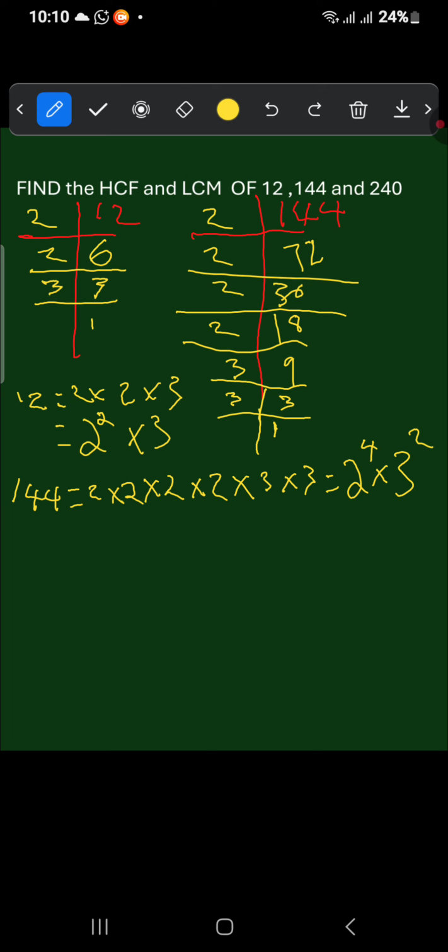Now you come to 240, the product of its prime factors. A prime number that can go there is 2. It goes how many times? 120.